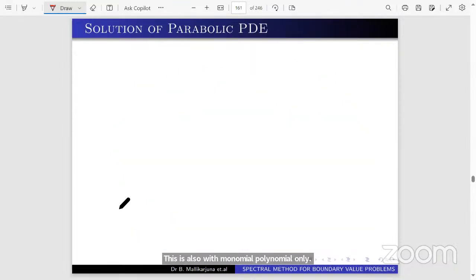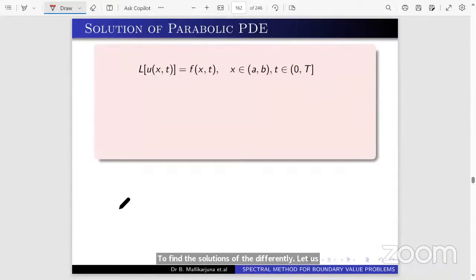Next, solutions of PDEs. How do we implement the spectral method to find the solutions of the differential equation? Let us take a simple PDE.